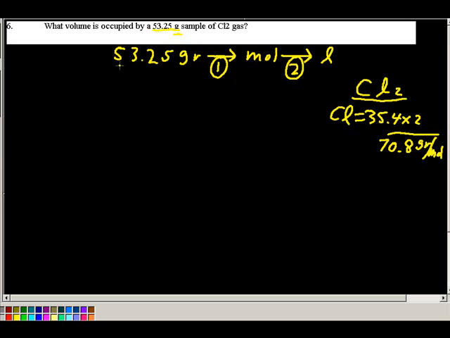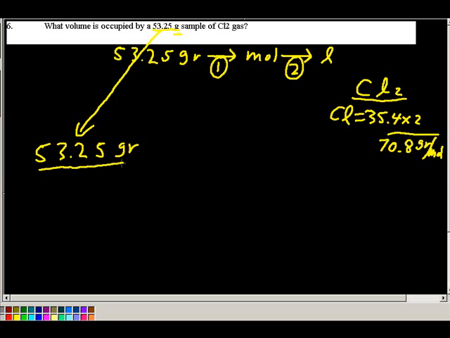Now, what we want to do is go back to the weight, go to moles, and from moles go to liters. So how are we going to do this? Well, we're going to use dimensional analysis. You're required to. And when you do dimensional analysis, you write down the number you are given, which is 53.25 grams.